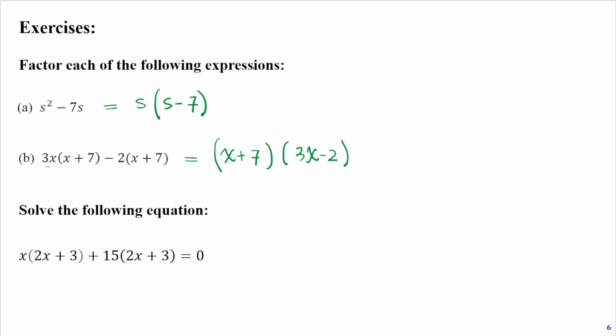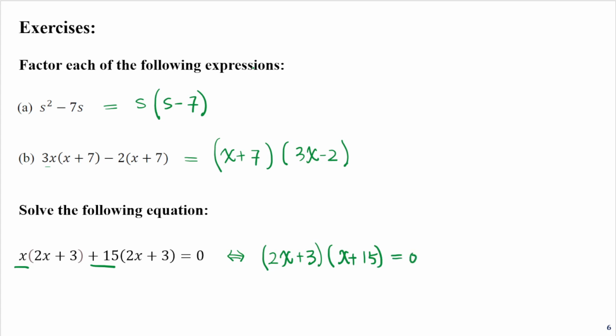So first of all, the original equation is equivalent to, and by equivalent I mean after you transform the equation, you don't change the solution set. So first of all, we can put the common factor 2x plus 3 in front. Then we have x plus 15 equals 0.